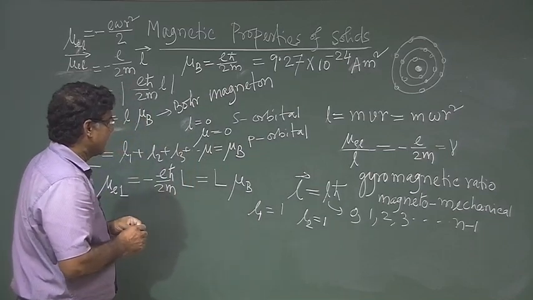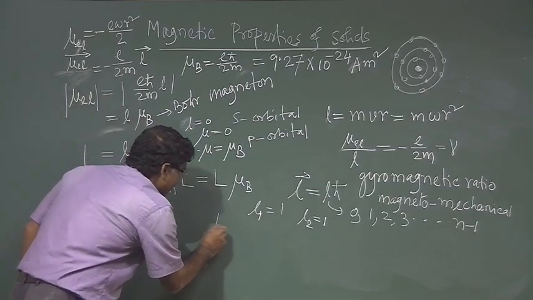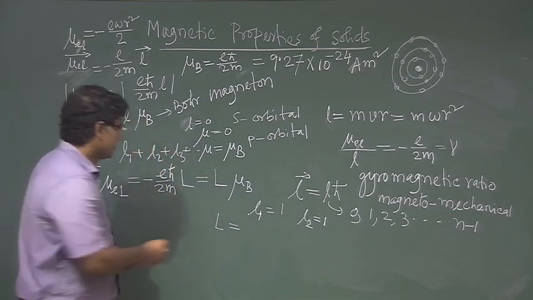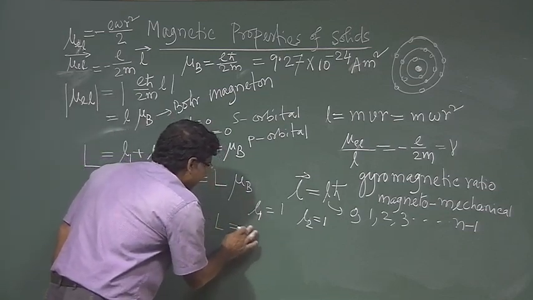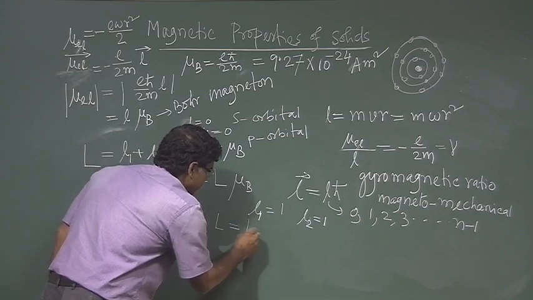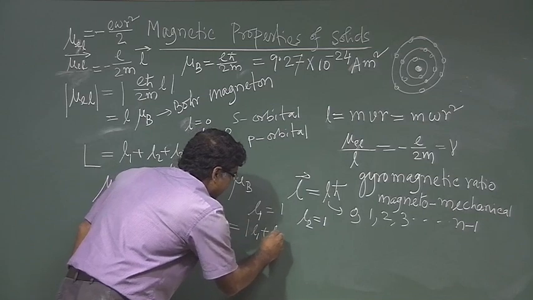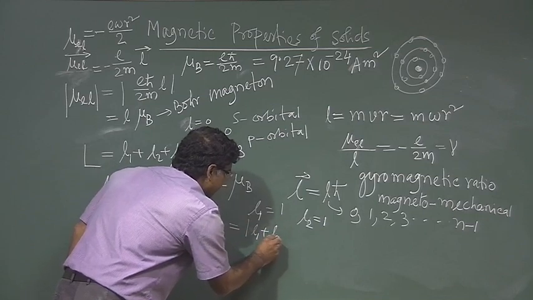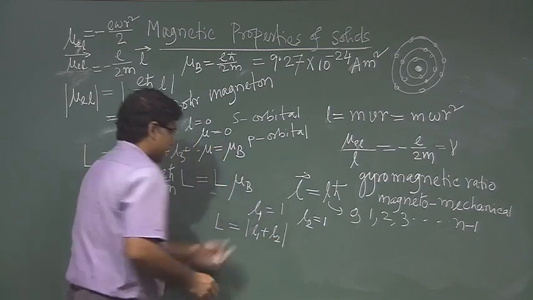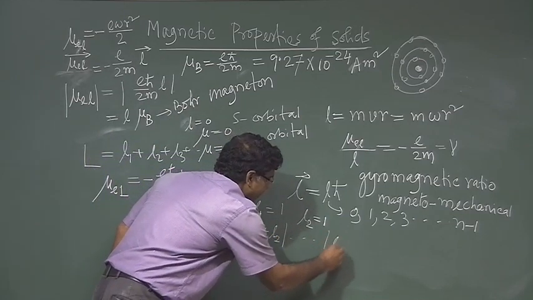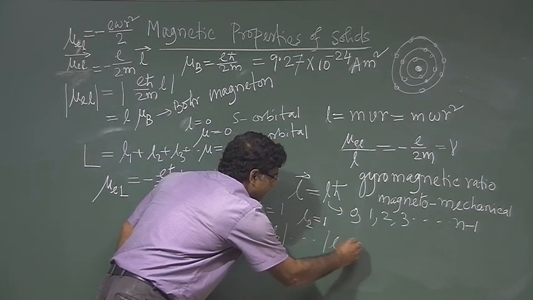What will be the resultant L? From vectorial sum, L goes from L1 plus L2 to L1 minus L2.